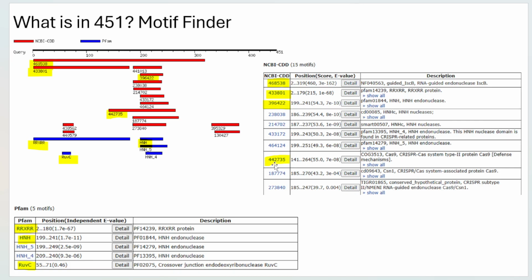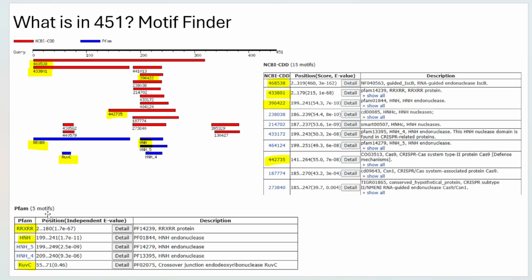And all the way down here, 442735, with pretty good confidence, is saying there's some sort of Cas system that's likely to be within this domain of 141 to 264. This is just one database, the NCBI CDD database.